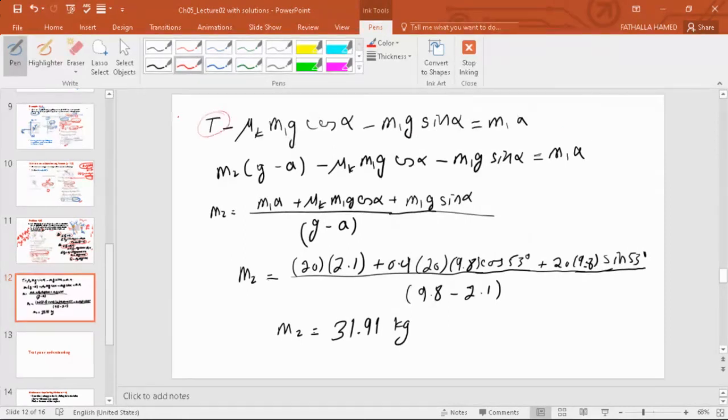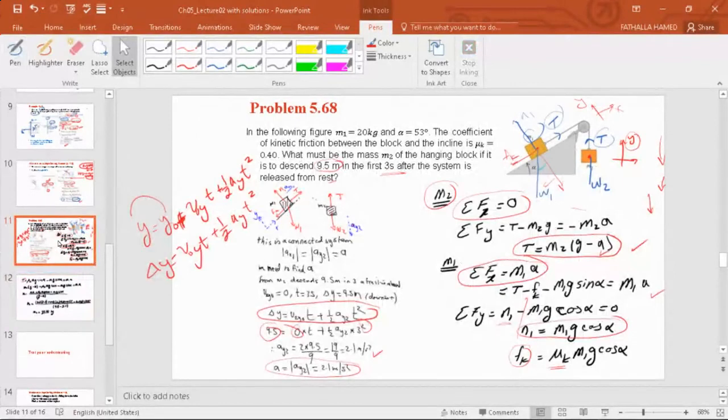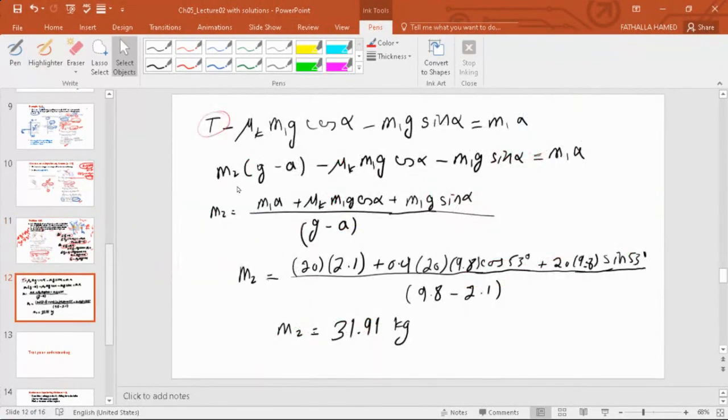T here, if you go back to the slide before, we figured out that T should equal m2 times g minus a. So we substitute here for the T: m2 times g minus a, minus mu k m1g cosine alpha, minus m1g sine alpha, equals m1a.